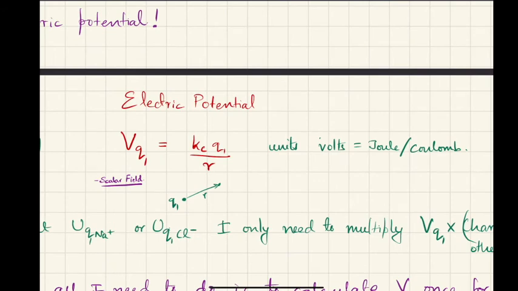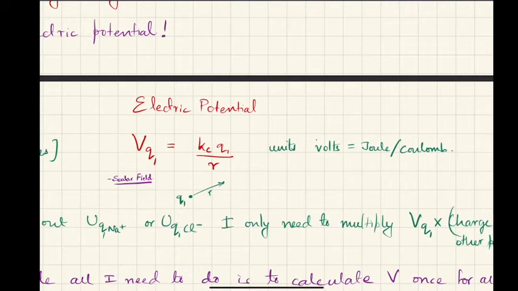This is the same volts that you see on your car battery or on a simple AA battery. The AA battery has 1.5 volts, the same units that you see on a battery.